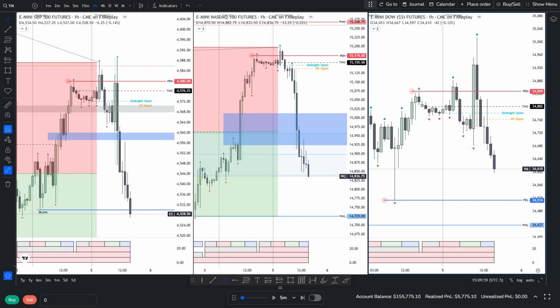Okay, and this should be coupled with a low time frame cracking correlation as well. All right, so let's crack on.